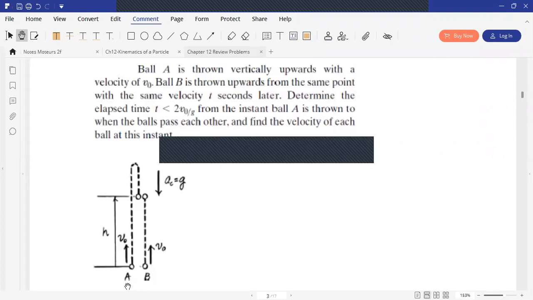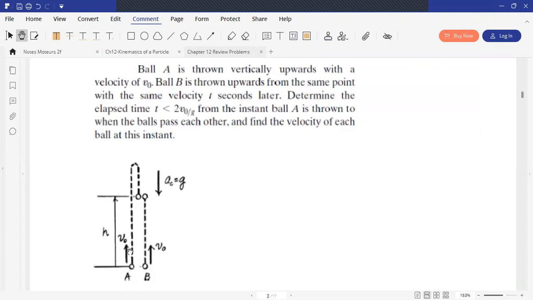Because I launched A before B, A will go up and then go down, while B will still be going upward. So when they meet, A will be going downward, while B will be going upward. And the question is to find the time where the two balls will meet each other.